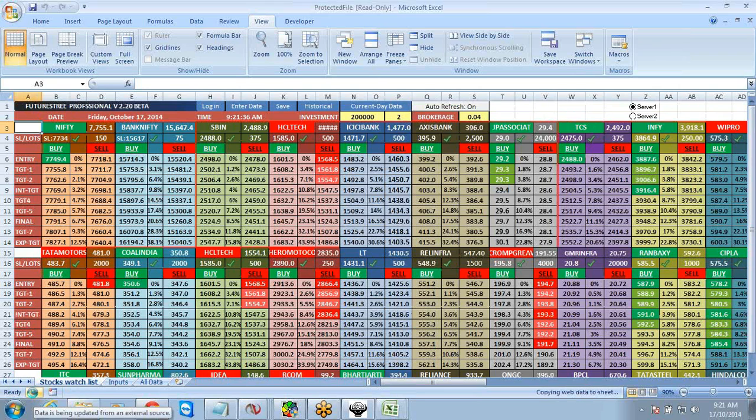Meanwhile, you can see Infosys is at intermediate target 3921.